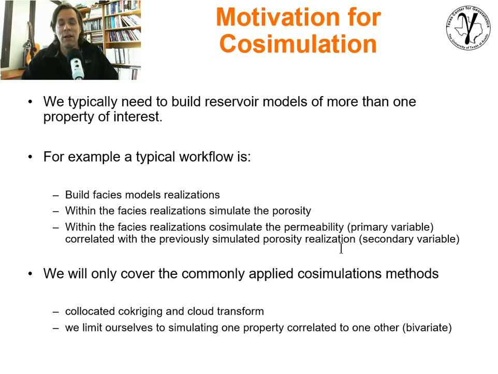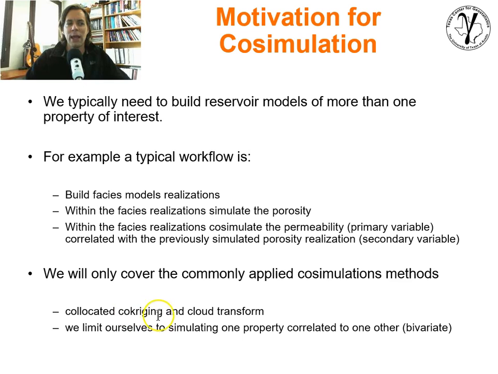Everything is paired up. You have a realization of facies. In each of the facies, you have a realization of porosity and permeability, and the porosity and permeability realizations are paired to each other. They're correlated to each other. They're constrained.